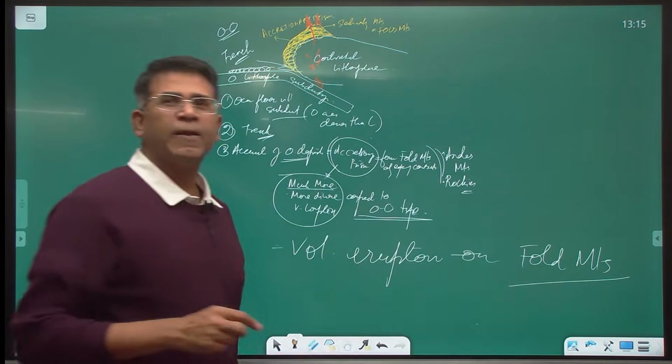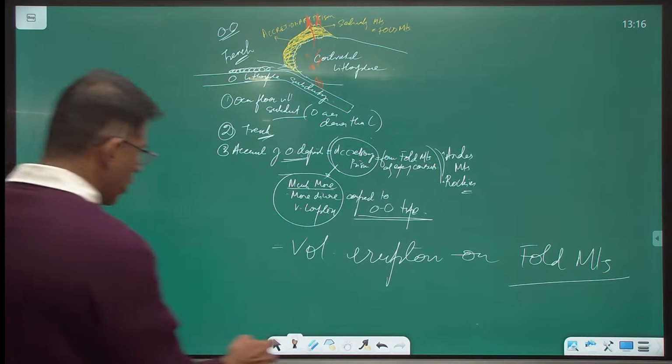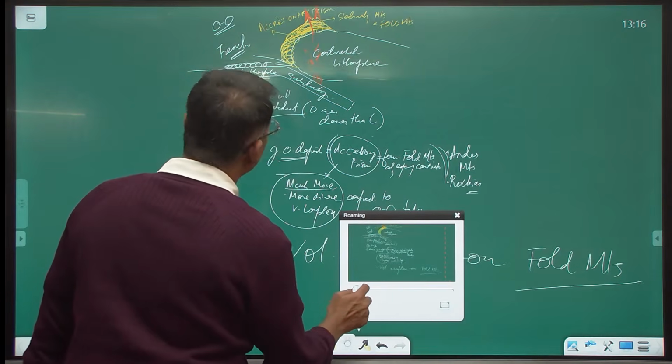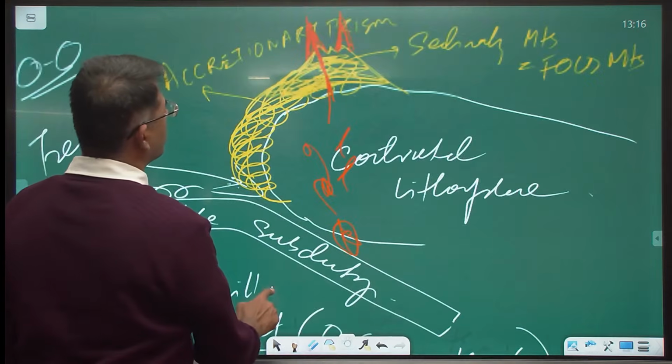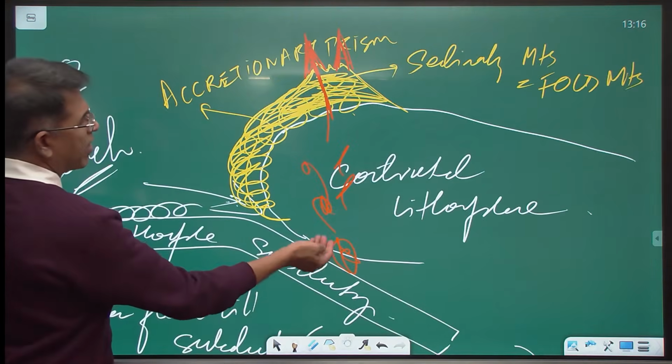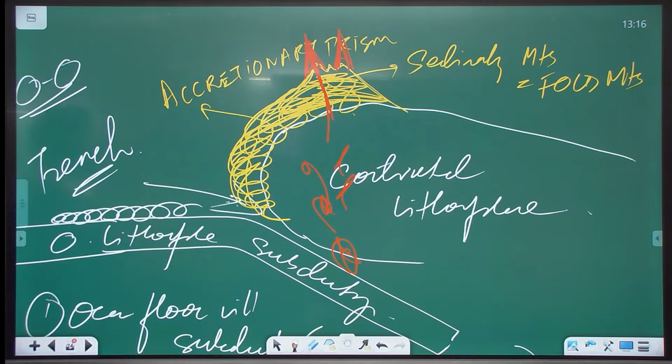Eruptions on the fold mountains. That's what I was showing you here. The lava comes out on top of the fold mountain. It's not under the mountains.